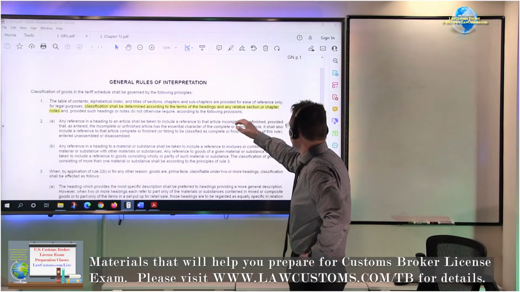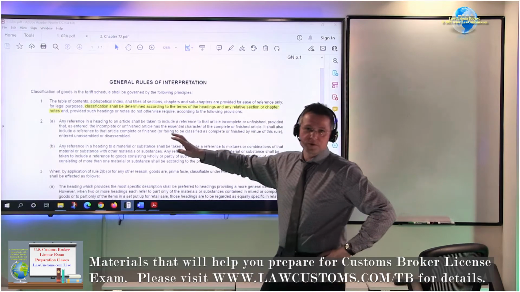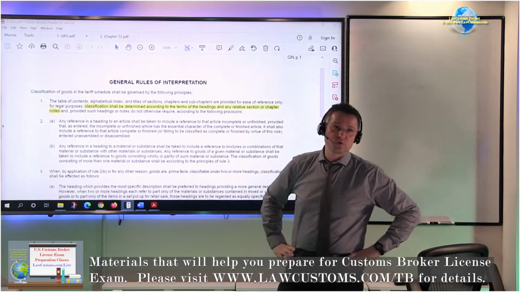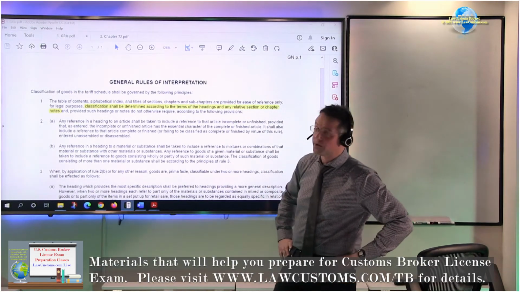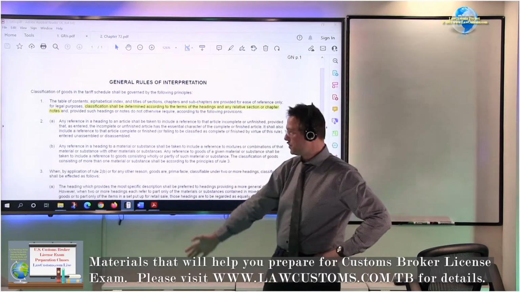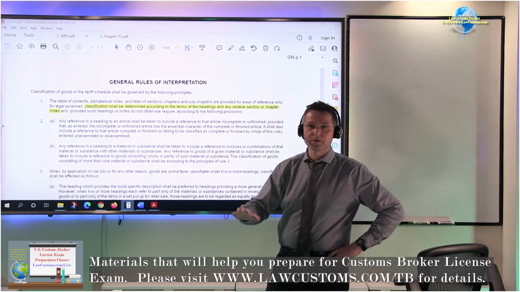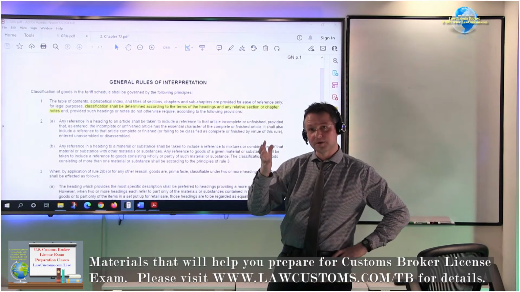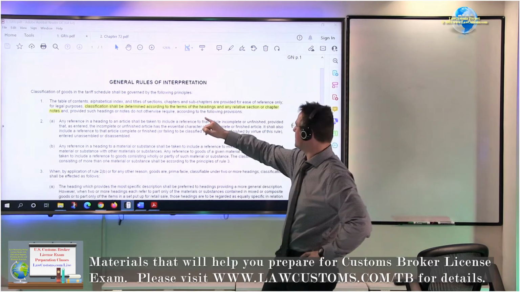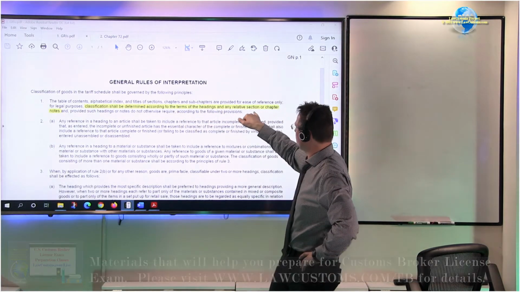So pretty much the way things work here is we do the classification according to the general rules of interpretation, GRIs. We go from GRI 1 all the way through GRI 6. The basic premise is you start out with what's legally binding, and the legally binding part here is the terms of the headings, chapter notes, and section notes.